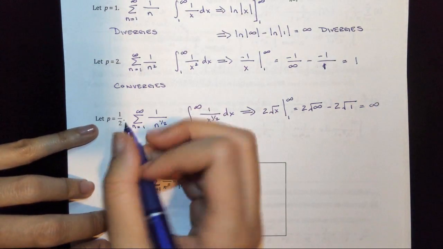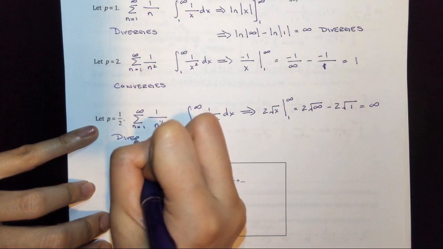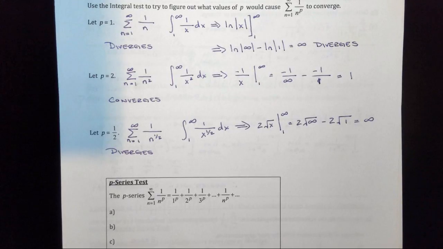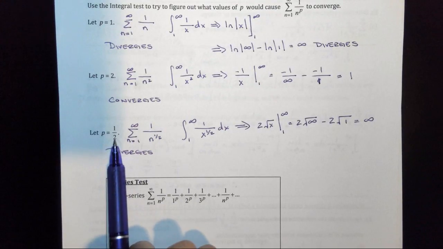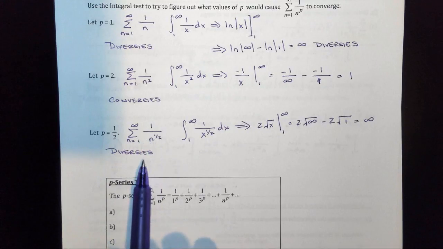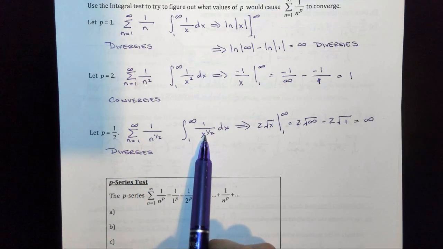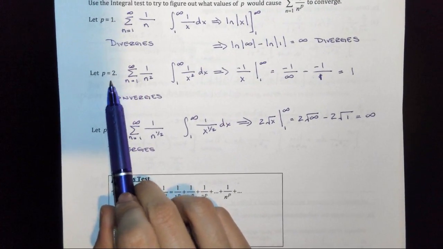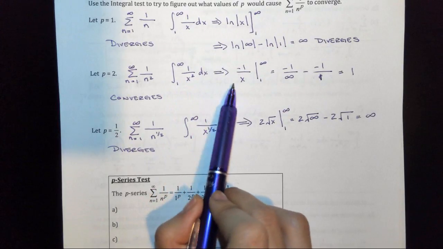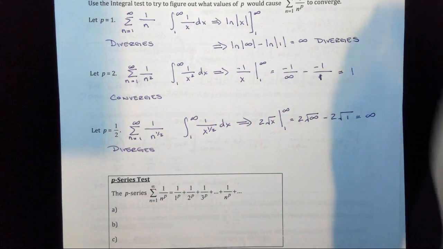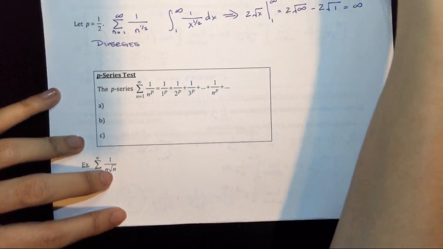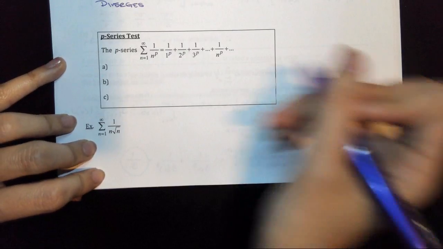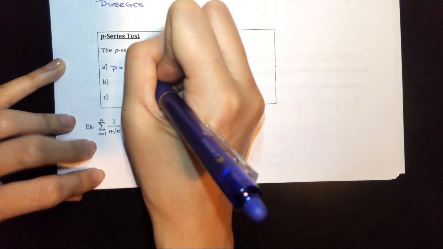Therefore, this p-series is going to diverge. So hopefully what you can deduce is that if p is less than 1, it's going to diverge because your x value is going to end up coming into the numerator. And if p is greater than 1, it's going to converge because your x value is going to stay in the denominator.